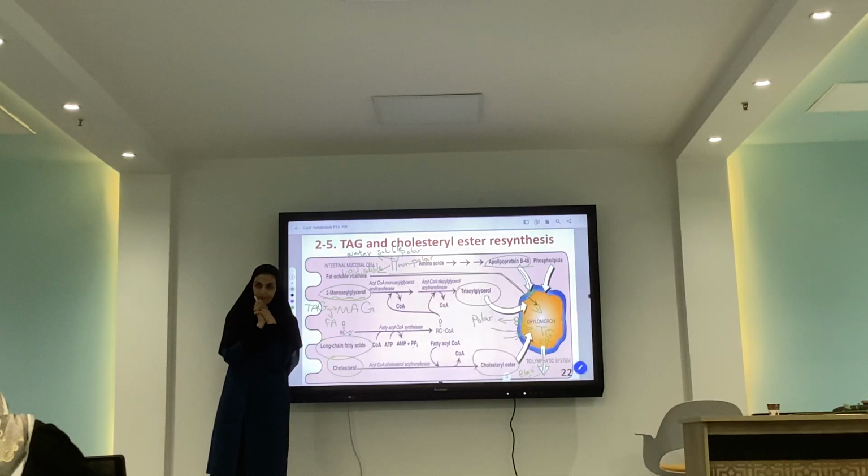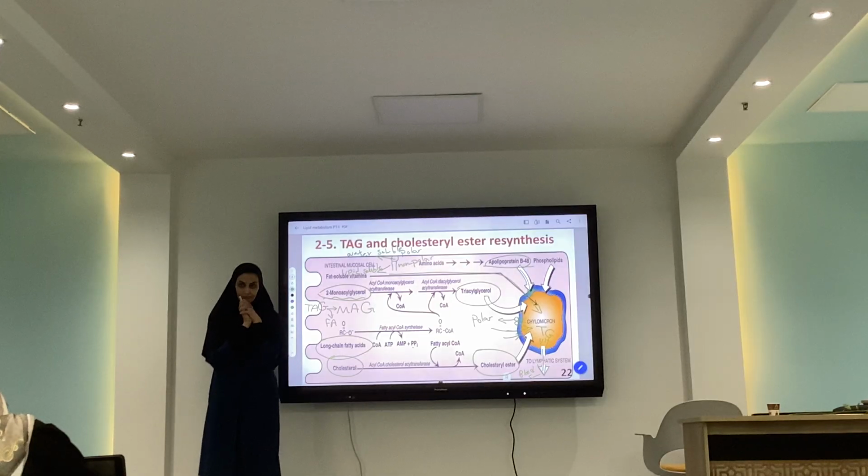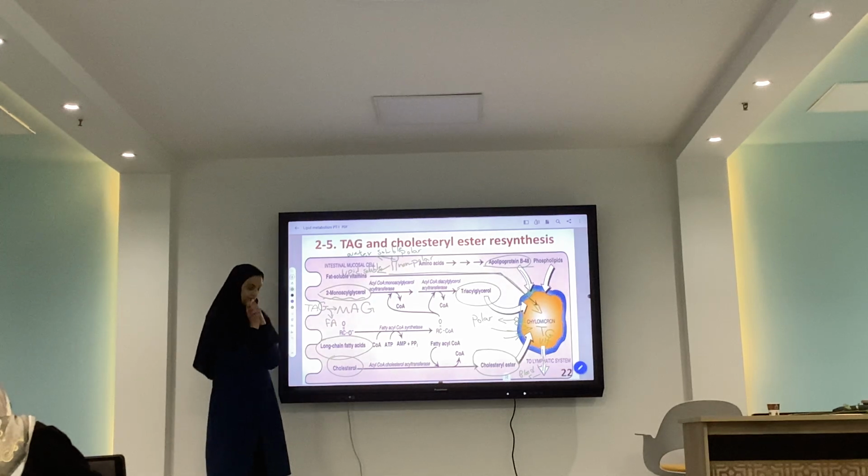So the fatty acids, the cholesterol, the fat soluble vitamins and all these components, with the help of phospholipid and apoprotein, will convert to chylomicron, and this chylomicron makes it suitable to enter the lymphatic system and then distribute in the blood circulation.